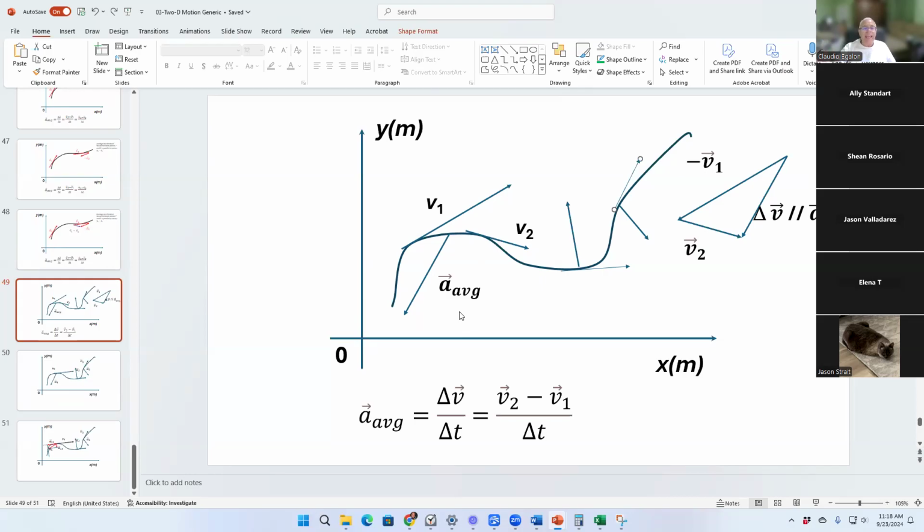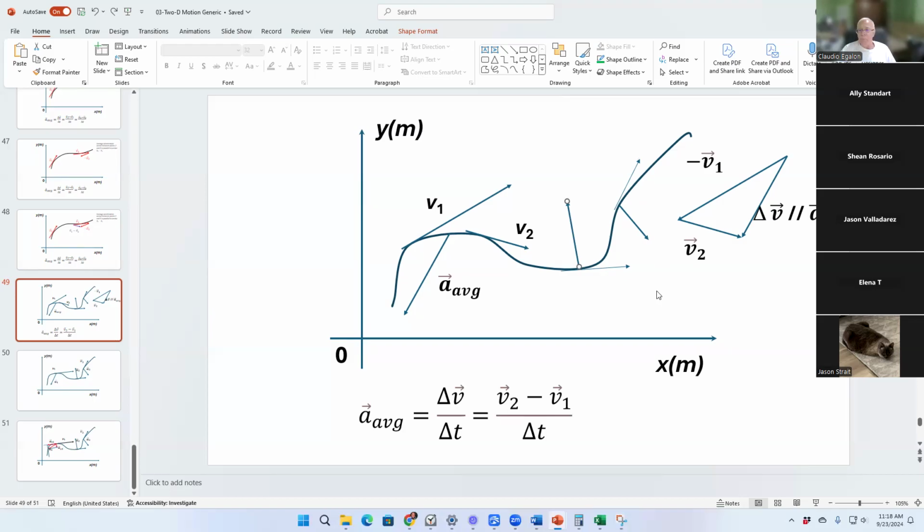However, the instantaneous acceleration vector will always point towards the concavity. That's what you see here. Here we have another concavity right in here, so my instantaneous acceleration vector will point towards the concavity as well.